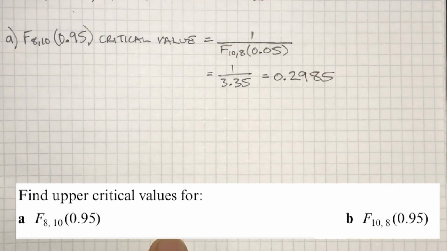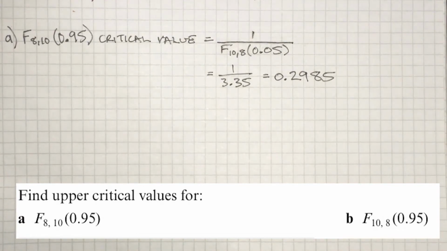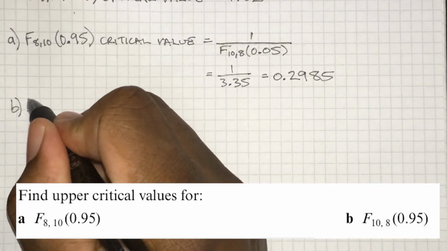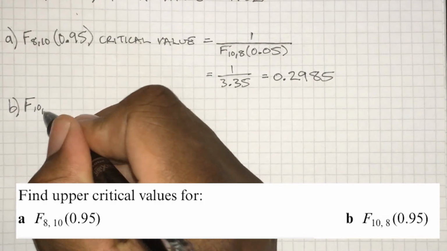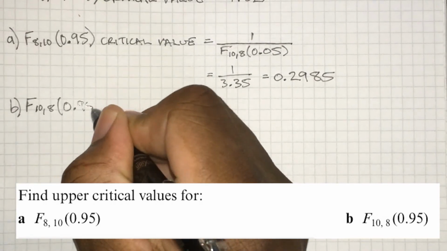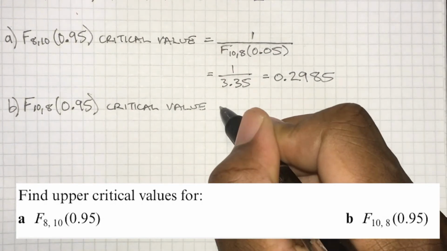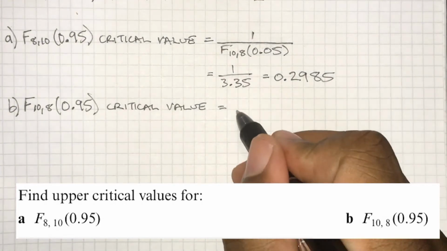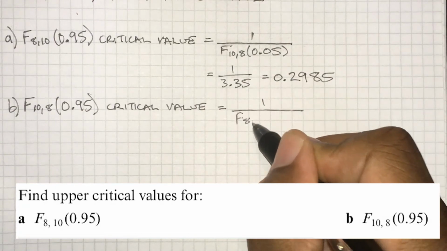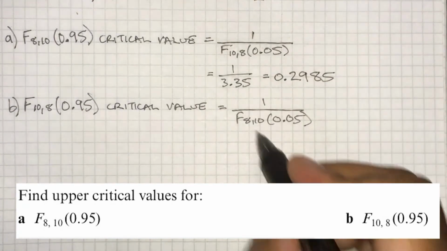So this time round, the degrees of freedom are 10 and 8 for V1 and V2. But once again, it's the 95% that we're working with. So let's go back for the reciprocal, which will give us 1 over F 8 and 10. 8 for V1, 10 for V2.